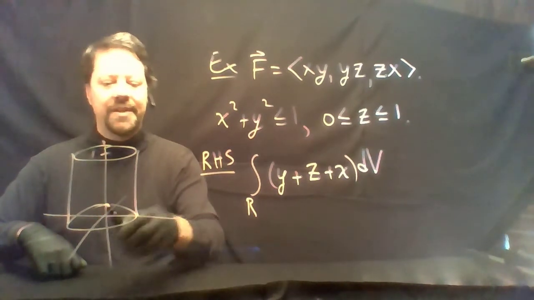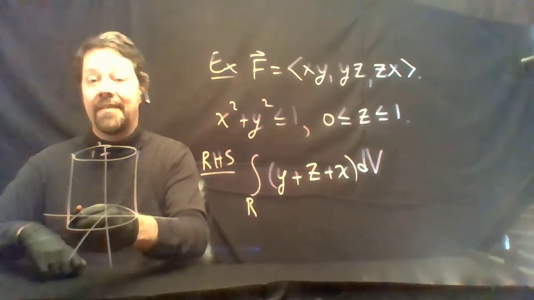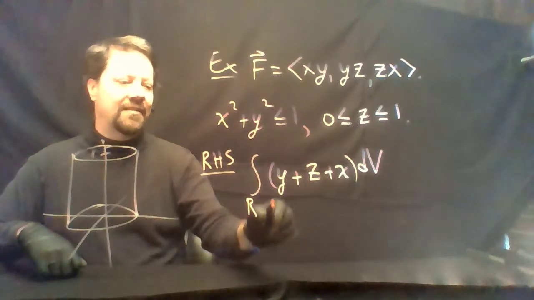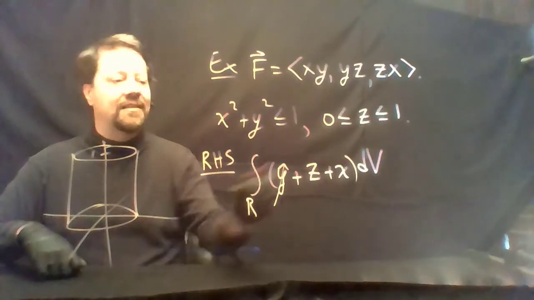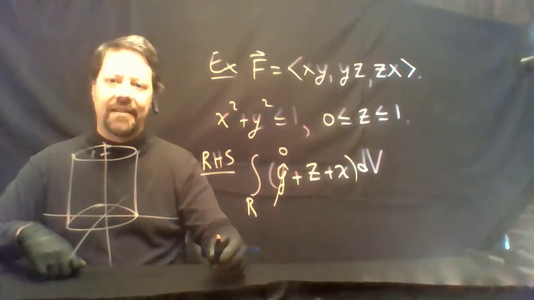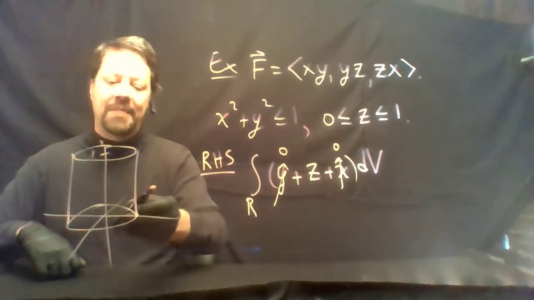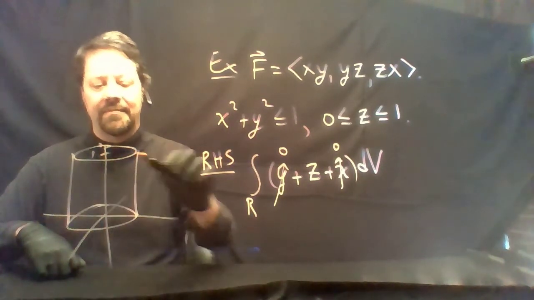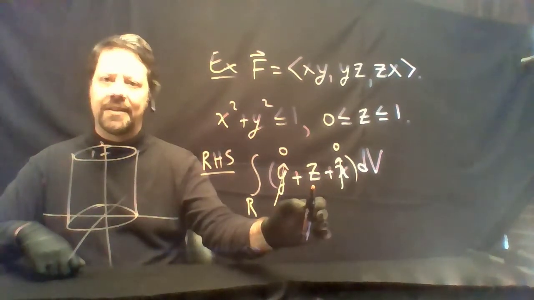Because of the symmetry of the region, there are just as many y's that are positive as y's that are negative. That means over this region, because it's symmetric through the xz plane, the first term gives you nothing. The third term also gives you nothing because there are just as many positive x's as negative x's. But all of the z's are positive, so we expect to get a positive result.